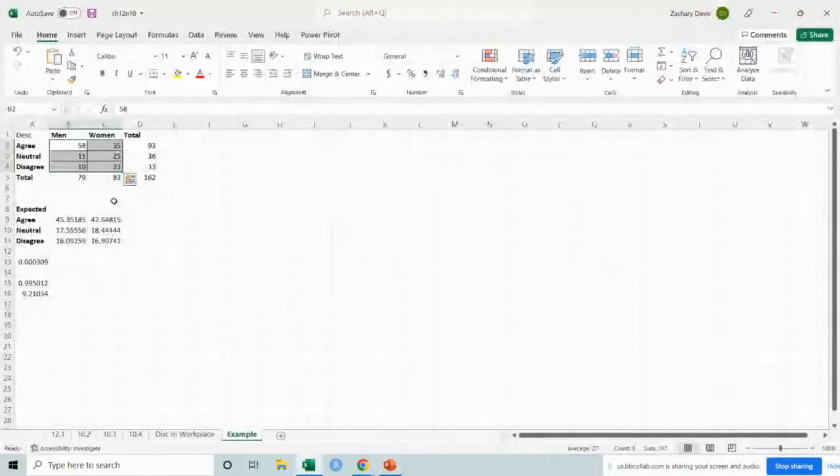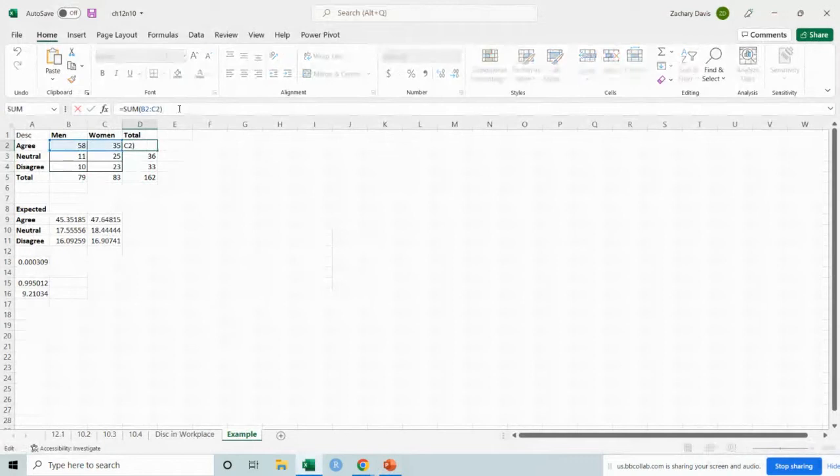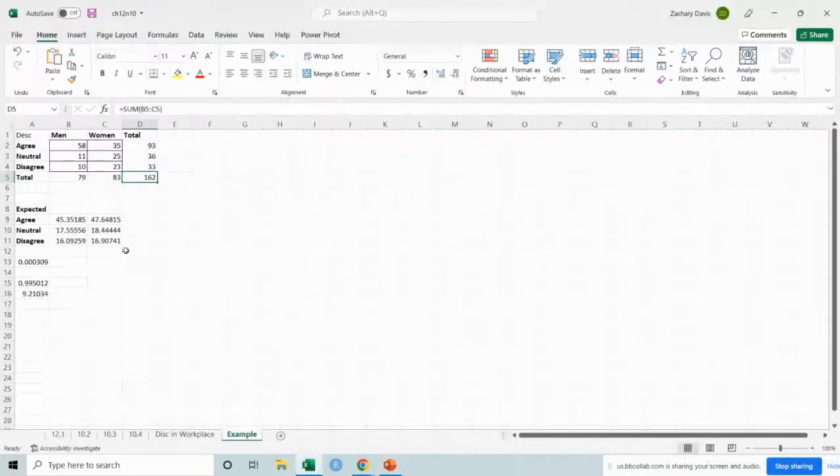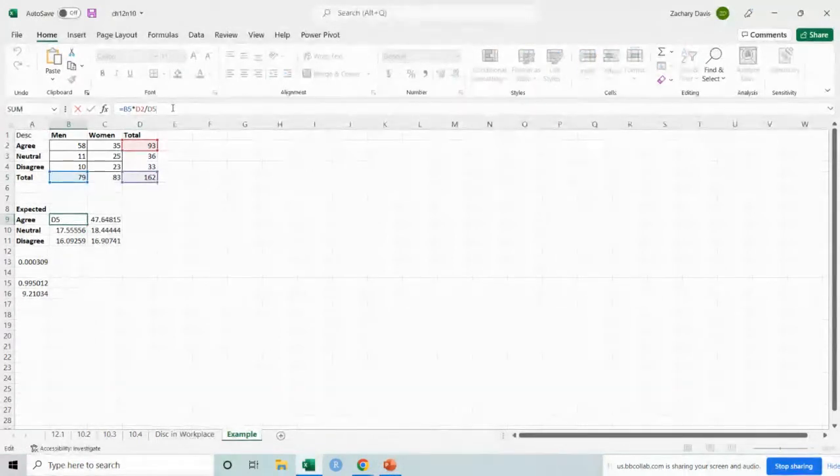So we sum those values because those are the values we're going to need to run our chi-square test. So the sum of the rows, and the sum of the columns, and the total values. It adds up to 162, which is where this value came from. So that adds up. What we want is to calculate out what we expected based on that.